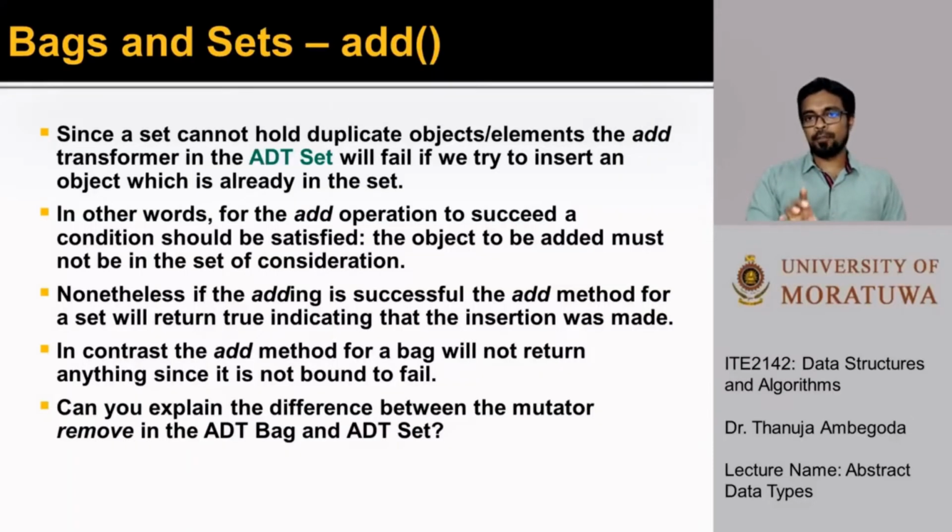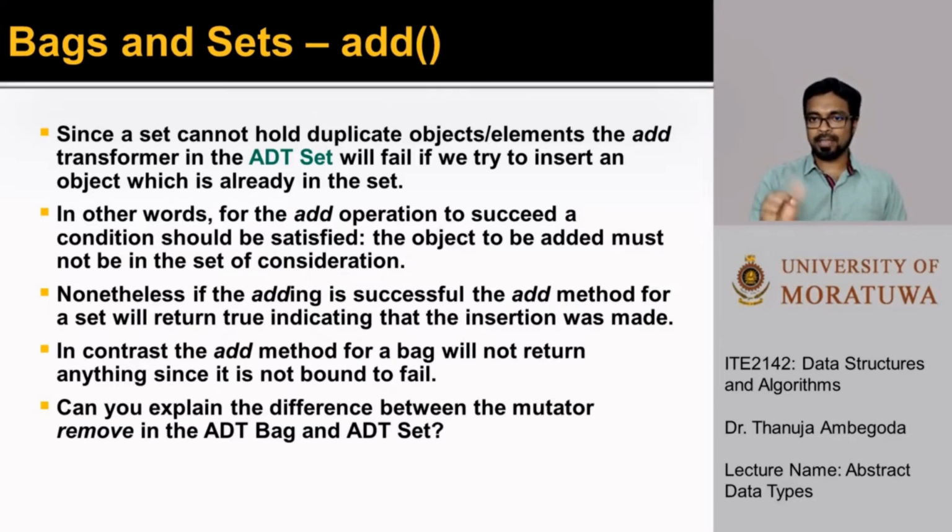That means for the set abstract data type, when you define the add method, you have a condition that has to be satisfied. That condition is that the object you are going to add is not already contained in the set.